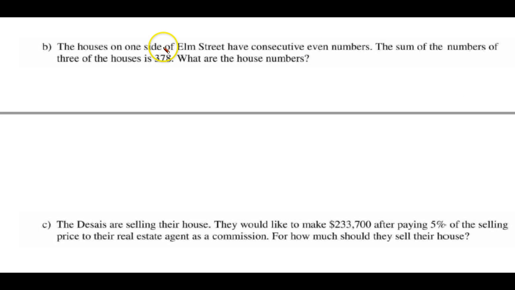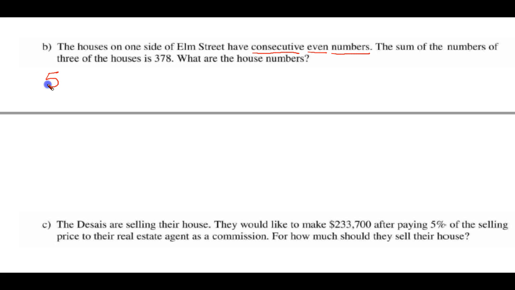Again, for some background on this, we need to look at what are consecutive even numbers. Well, to start us off, let's do consecutive numbers without being even or odd, just consecutive numbers.